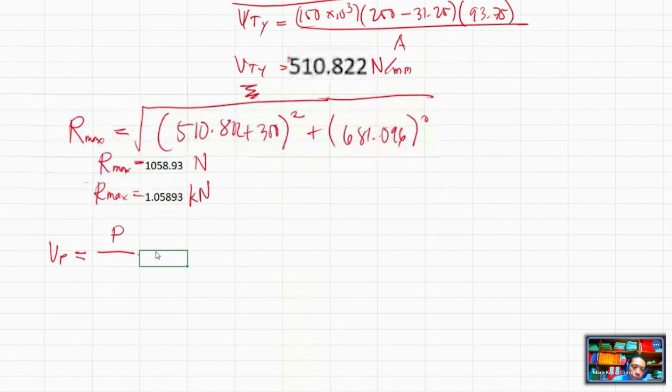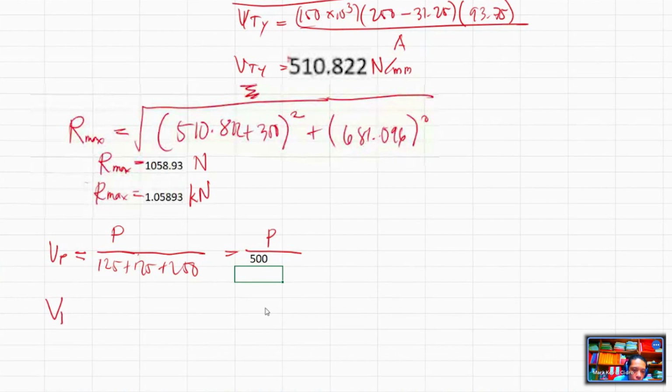This will be P over the sum, that's 125 plus 125 plus 250, if P is acting at the centroid of the fillet weld. So this will be equal to P over 500.